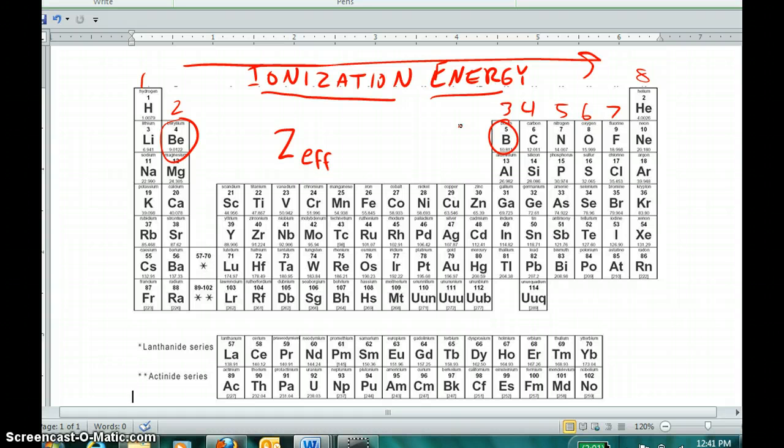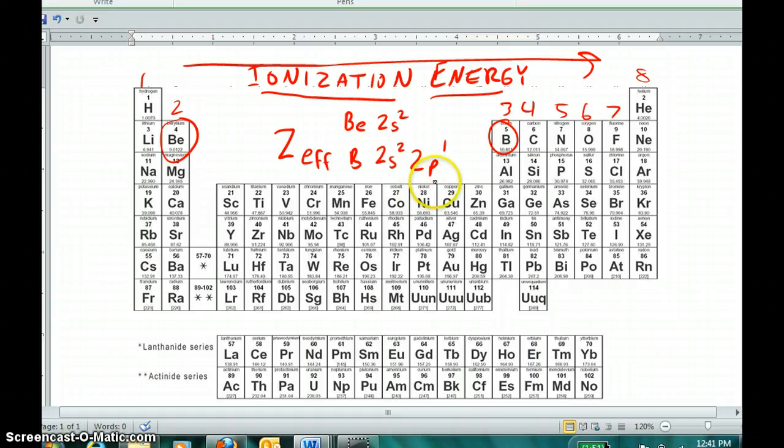Why? Well, very simply, if you looked at the valence configurations for beryllium and for boron, for beryllium, you'd see a 2s2 configuration. But for boron, the group 3 atom with 3 valence electrons, it's 2s2, 2p1. Now, very simply put, it is going to be easier to remove a p sublevel electron from the group 3 atom than one of these s sublevel electrons from the group 2 atom.